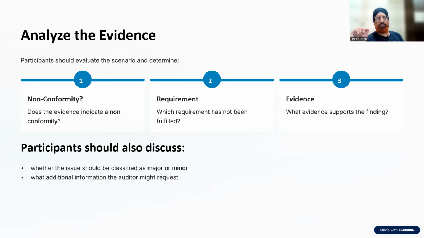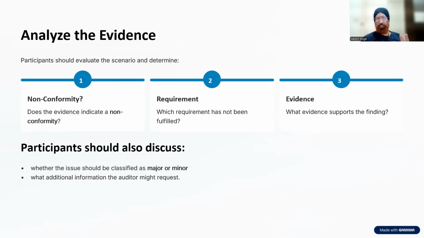You have to create a simple definition of these terminologies. As you create them, you are clear, and if other employees, auditors or clients ask, you are able to confidently explain the definition of major and minor non-conformity.